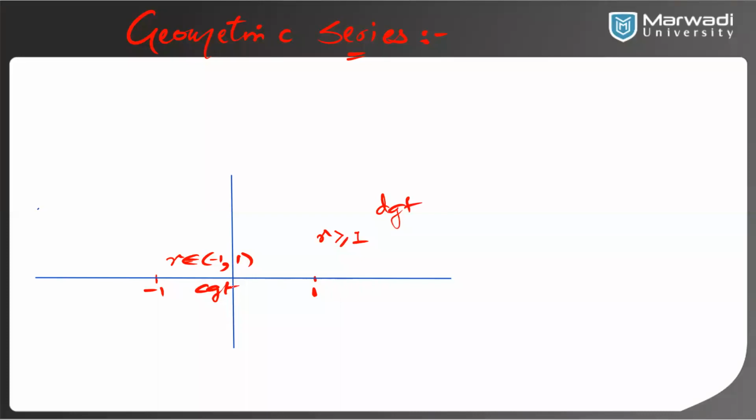If R is between -1 and 1, convergent. If it is greater than or equals to 1, divergent. Okay.